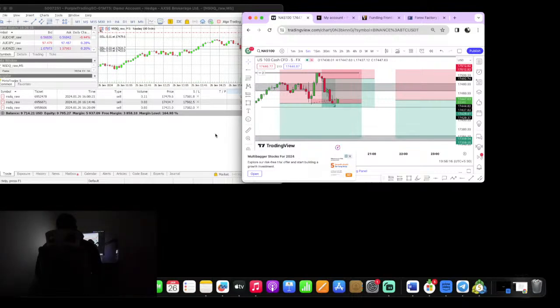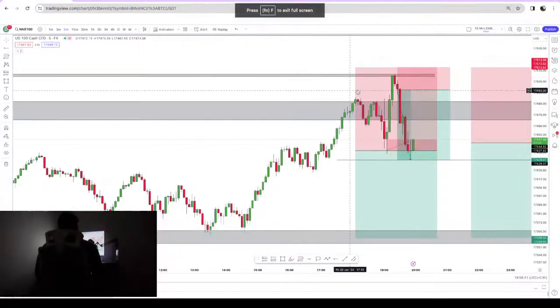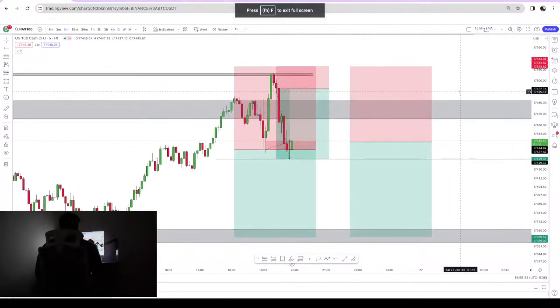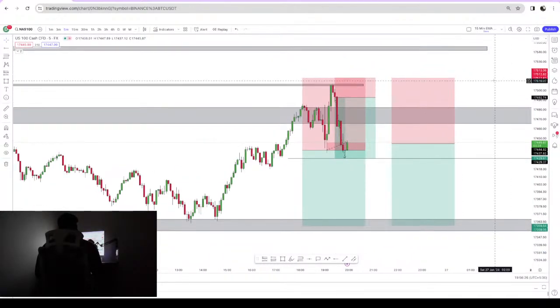Use a credit card if you are from India. Which prop firm are you thinking of buying?